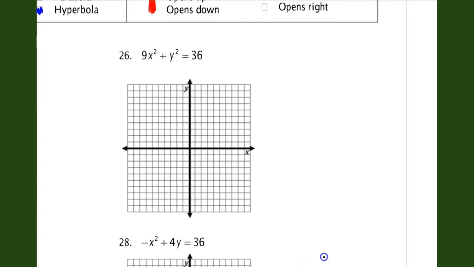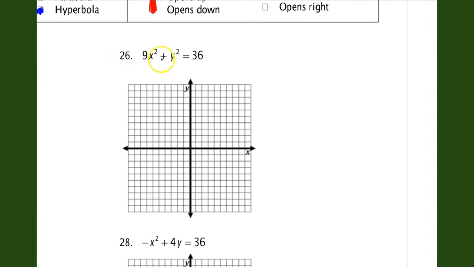Number 26. Very similar, but you can see we have a 9 here in the front. That's a clue that this is not a circle. We don't have just x squared and y squared, but something else in addition.